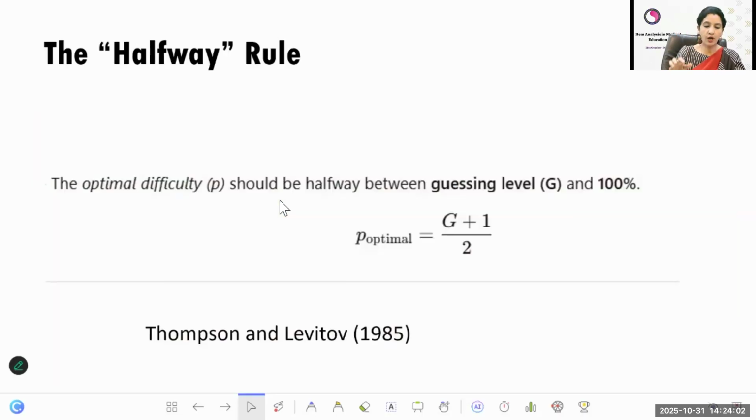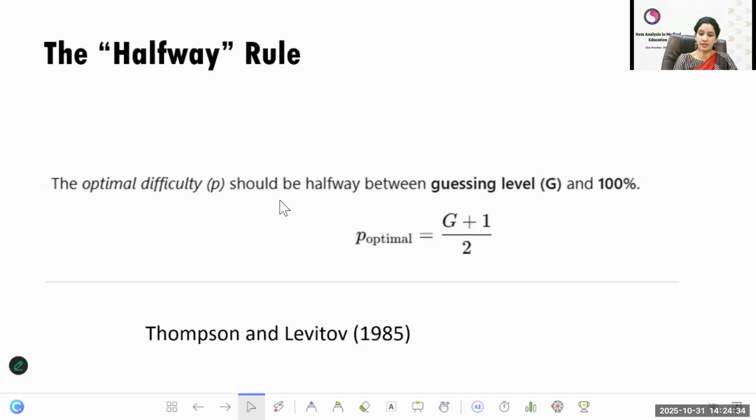Levitov and Thompson have given a rule for how much optimal difficulty we should set for an item. The optimal difficulty should be halfway between the guessing level and 100%, that means (G plus 1) divided by 2, where G is the guessing level.